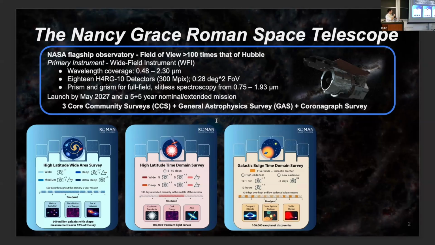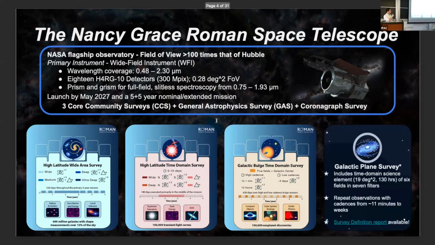But the High Latitude Wide Area Survey as well, which will be taking observations throughout the mission for wide areas of the sky in its different tier, will also obtain repeated passes of the same fields of the sky. So also opportunities there for transient discovery.